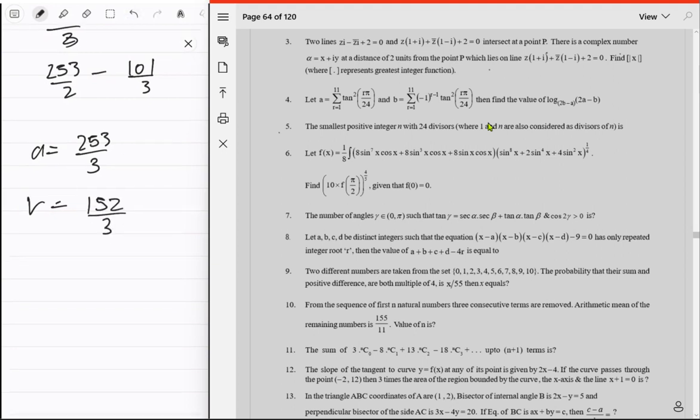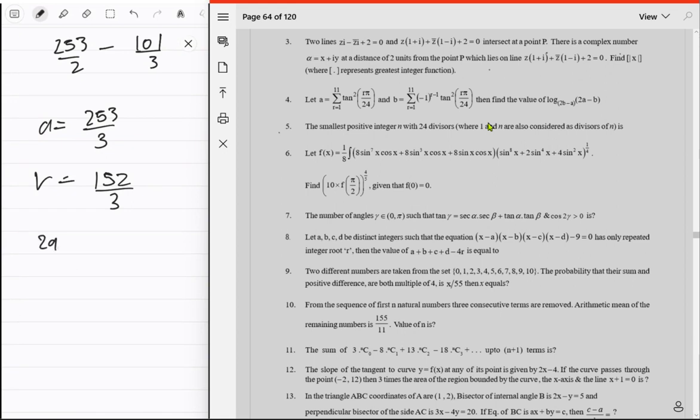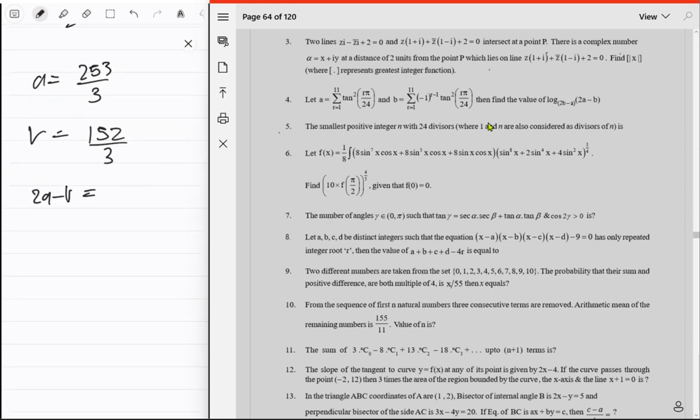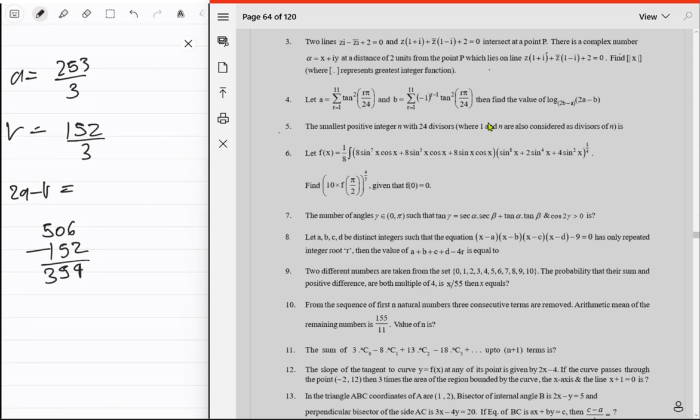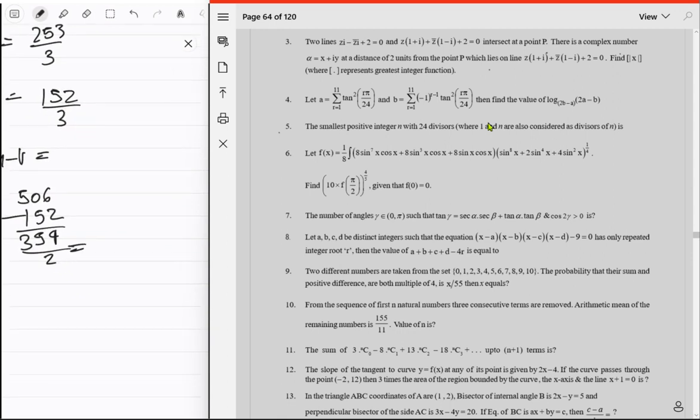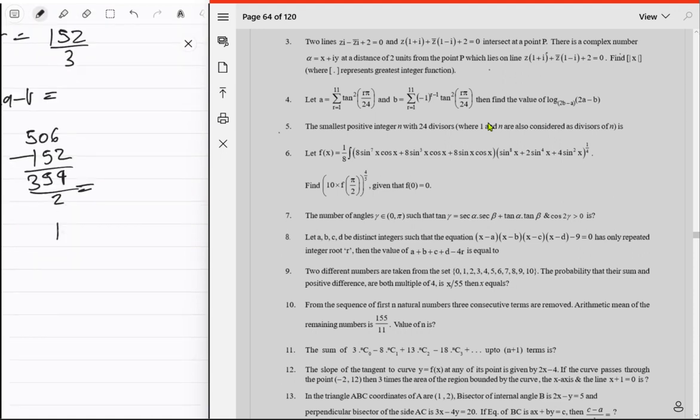So what we need first is 2a minus b, so 2a minus b is, God, 506 minus 152, here just 4 will come, here 5 and then you got 4, ah shit, no 3, okay, and then upon 2 I guess, which is what is this, okay 7, then here, actually let's start with 1, then for 15 it's 7, then for 14 once again 7, just 177.